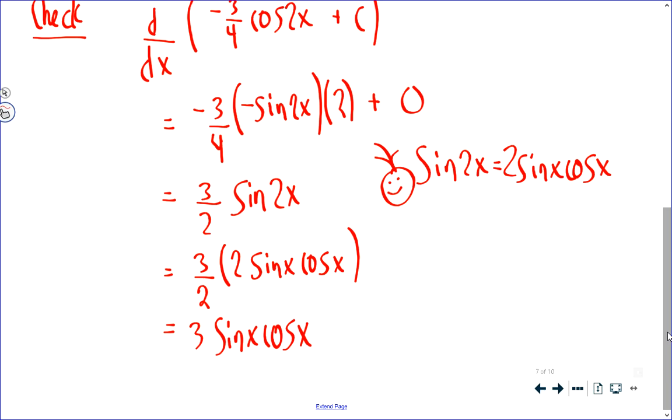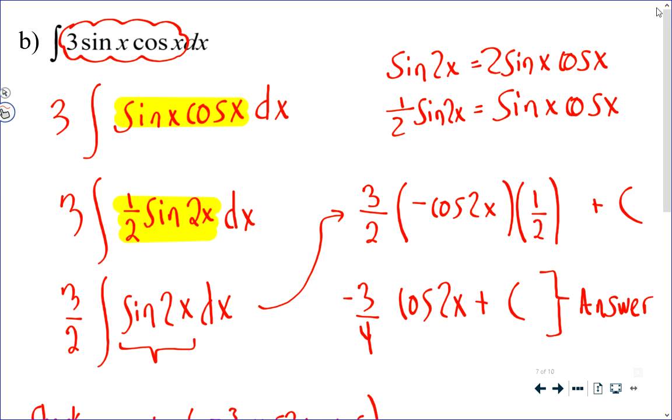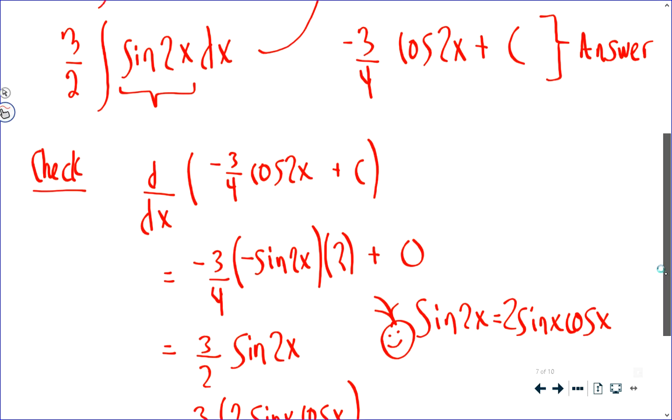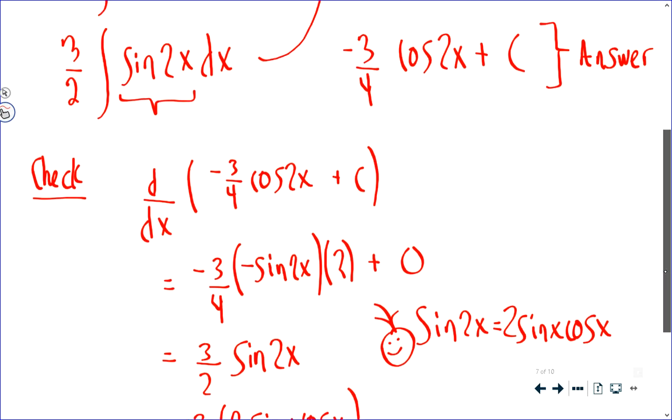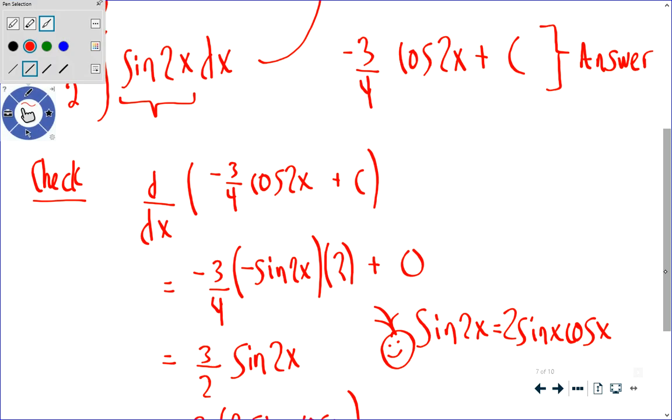And if we go back to the beginning and look at the integrand, it is 3 sine x cos x. So negative 3/4 multiplied by cosine of 2x plus a constant is one answer to this question.